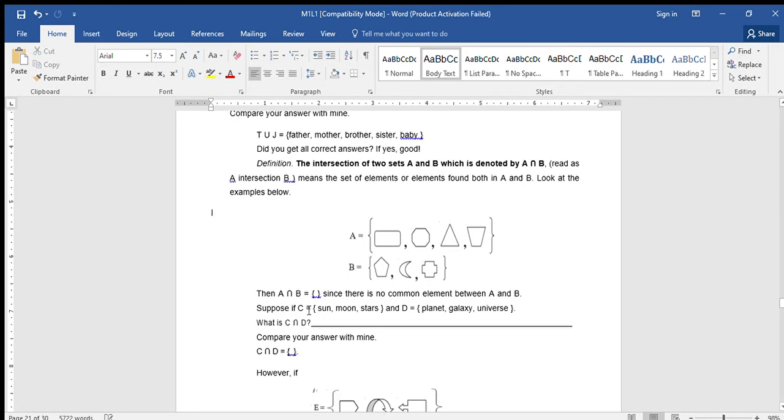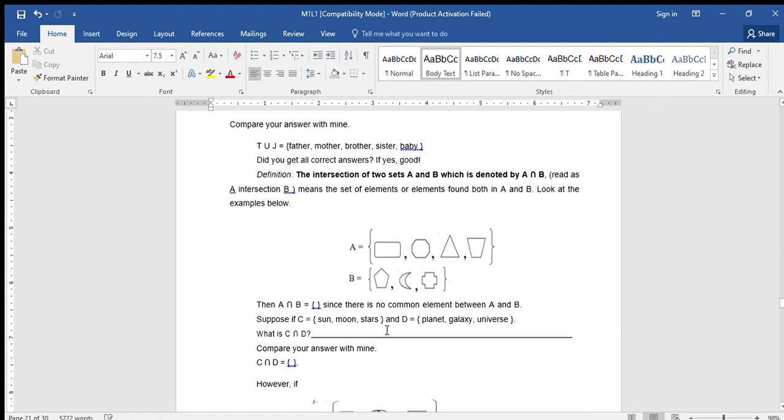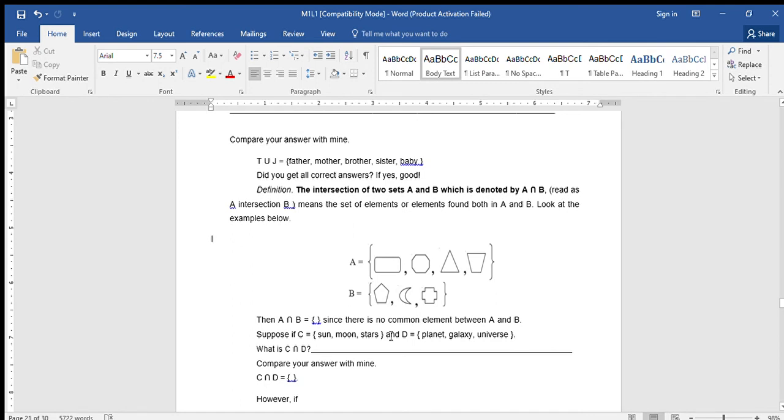Okay, how about if we have our set C here is sun, moon, stars, and D is equal to planet, galaxy, and universe. What is C intersection D? Do we have this? Dili, we're talking about intersection. Ayaw isulod si universal because we are just talking about intersection set.